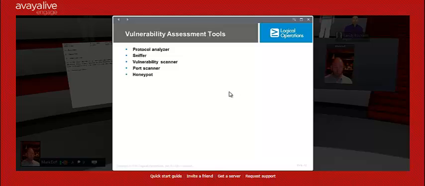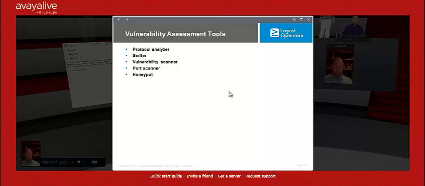So, honeypot. Now, vulnerability scanner. Essentially, I like to tell people all port scanners are vulnerability scanners, but not all vulnerability scanners are port scanners. All these things, protocol analyzers, port scanners, are subsets of the overall vulnerability scanner umbrella.